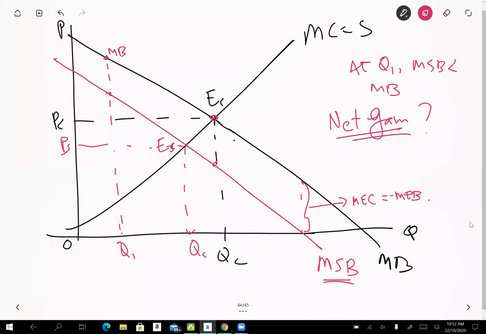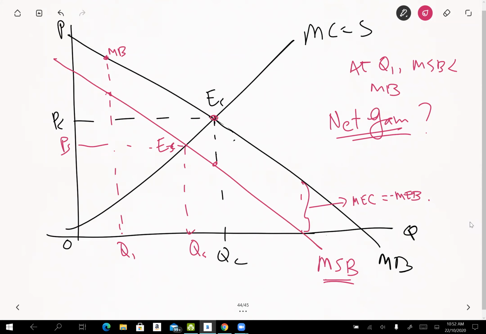When the marginal cost is larger than the marginal benefit, what will the firm do? You go back to the firm. The firm will reduce output. Because the cost of producing the additional unit of the good is higher than the marginal benefit of producing, they will produce less.